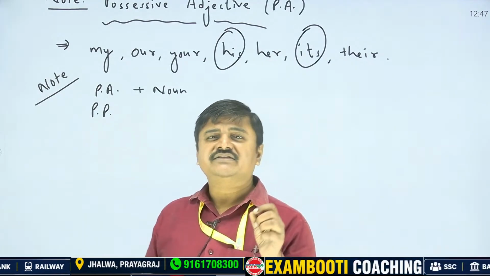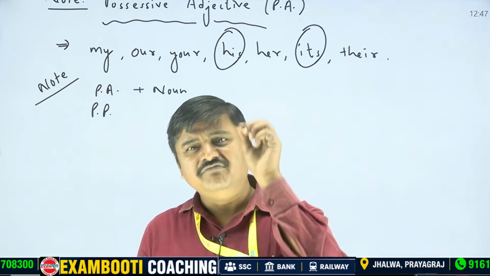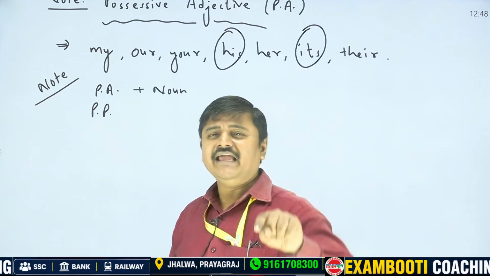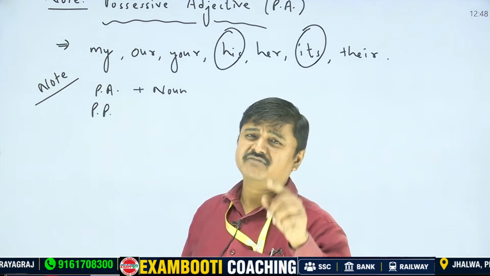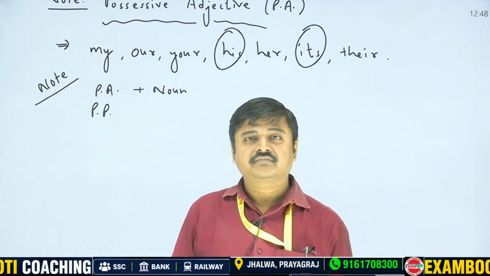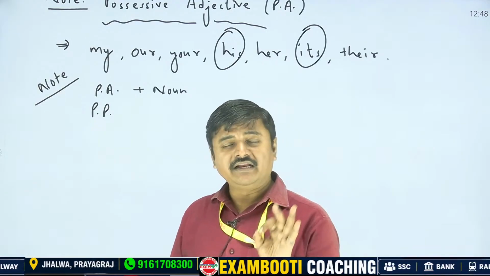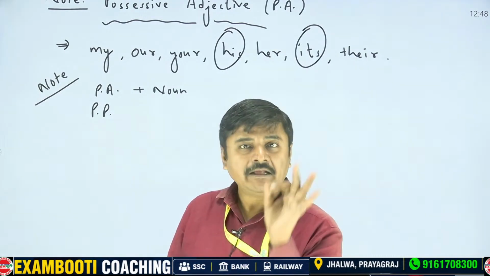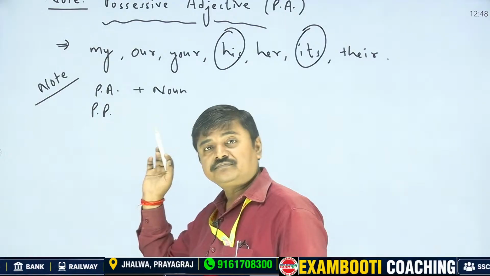Otherwise, it applies to every word. If there is a PA, there must be a noun after that. Otherwise, PA can't exist. If there is a PA in a sentence, there must be a noun just after PA. Remember this, PA plus noun.